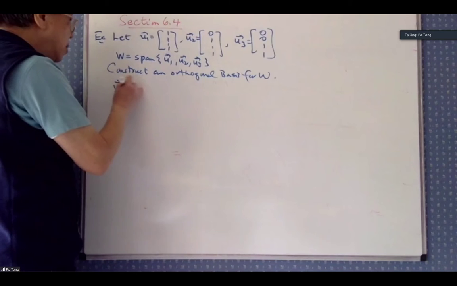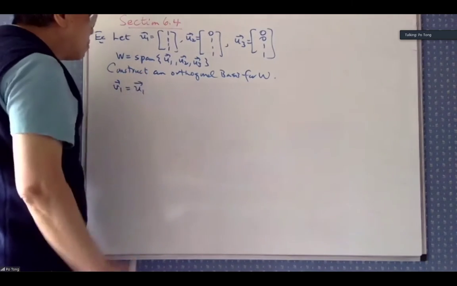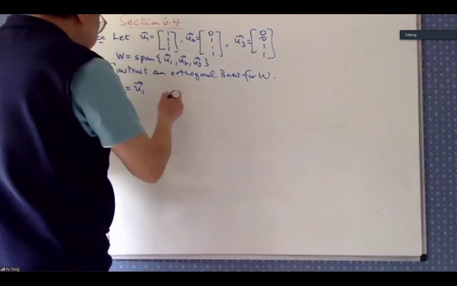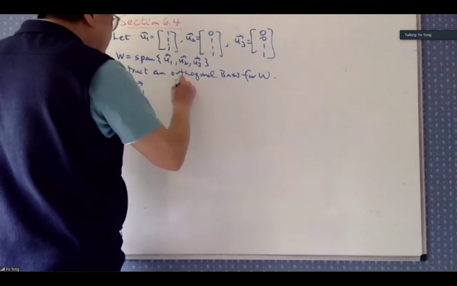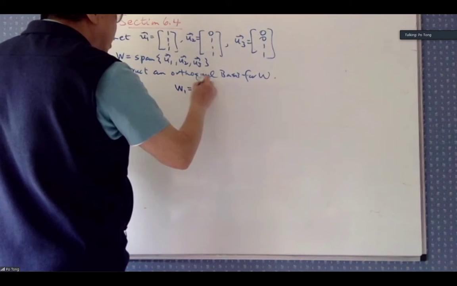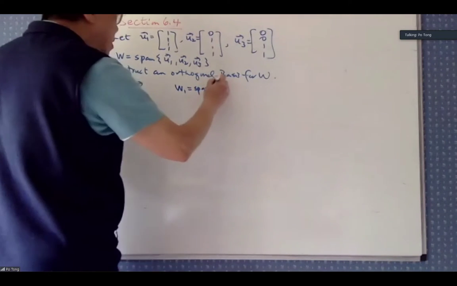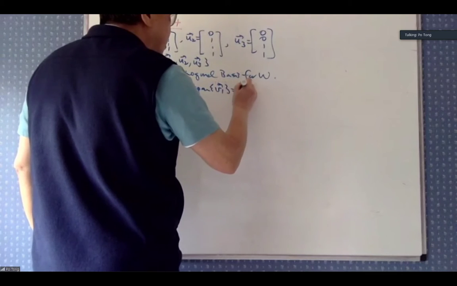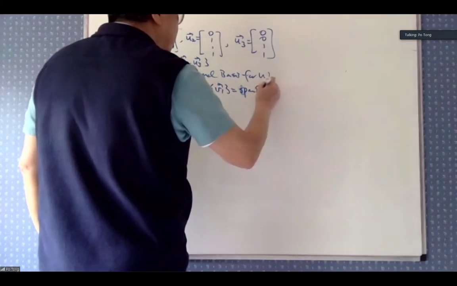V1 is going to be equal to U1. W1 is the span of V1, which is the same as the span of U1.